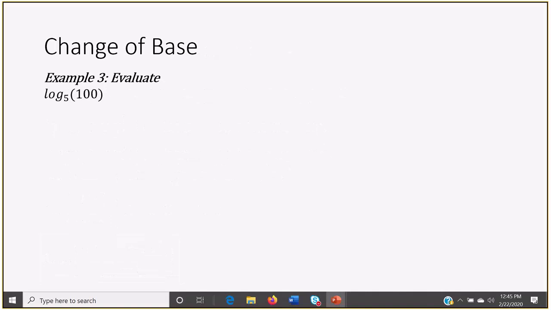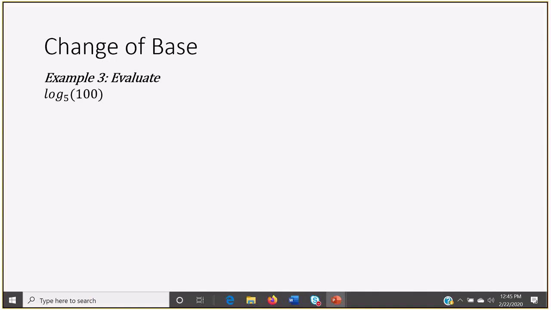Change of base, we actually talked about this, I think 2 lectures ago, but we didn't actually get into using this. So how change of base works is, this day and age we have fancy enough calculators that we can just throw in logs and we don't need to worry about it. But some of the older graphing calculators only have log or ln as a log button.